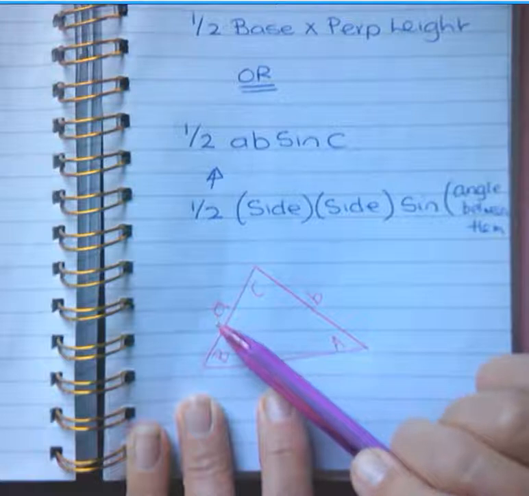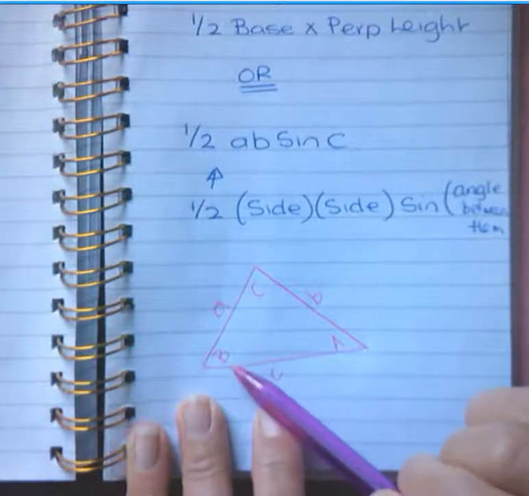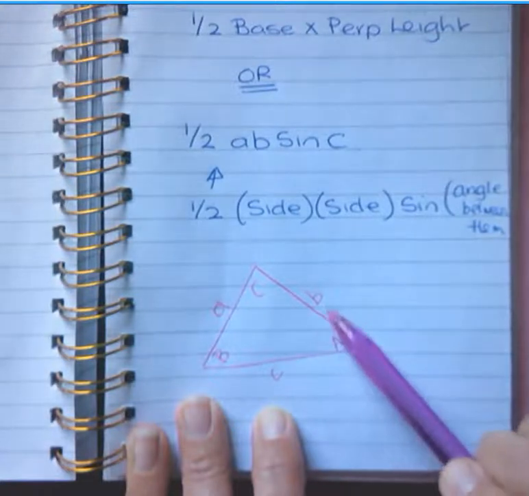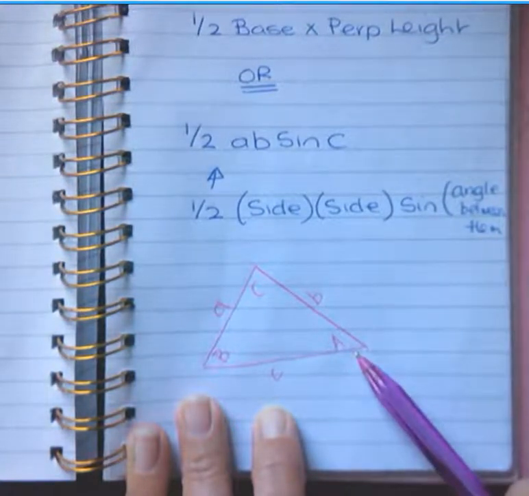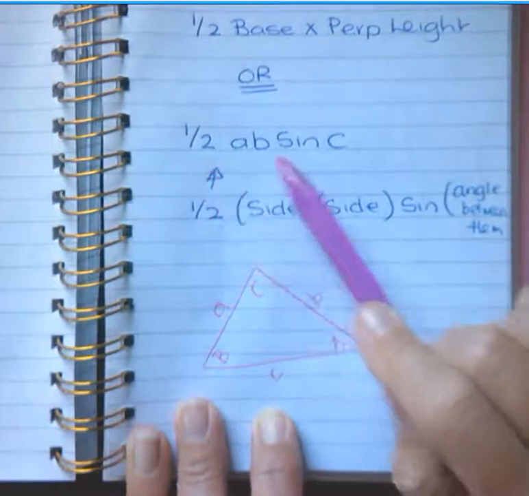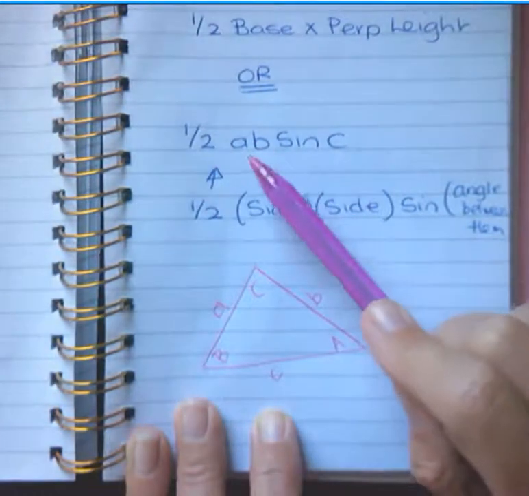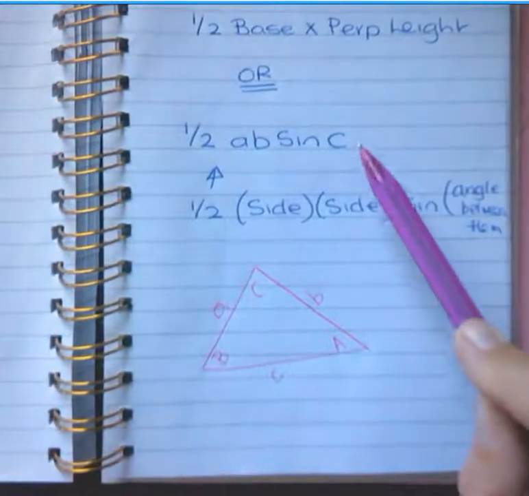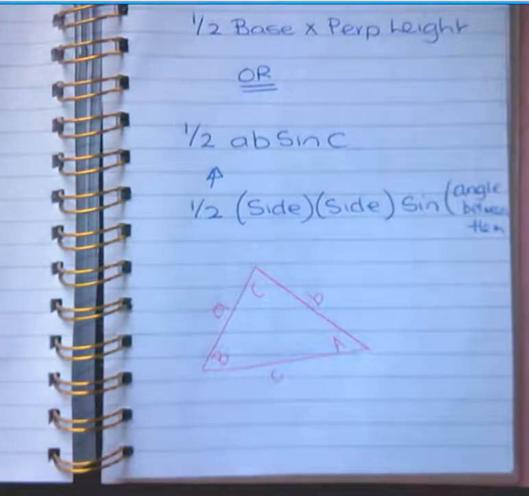Or you could have done half AC sine B. Or you could have done half CB sine A. So again, this formula stands for half a side, a side, sine the angle in between. To use this formula, you need two sides and you need the angle in between them.